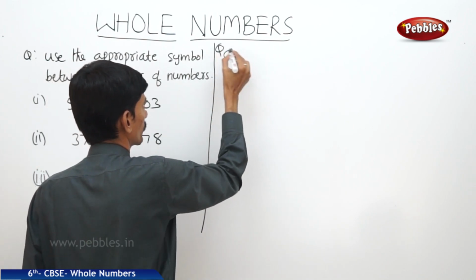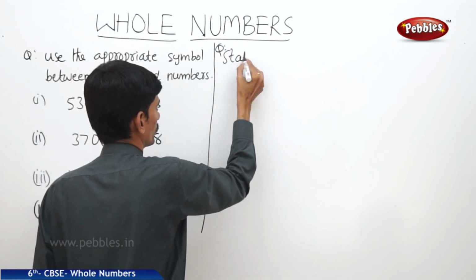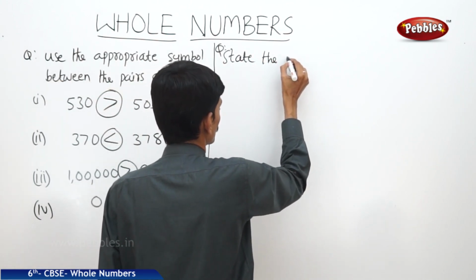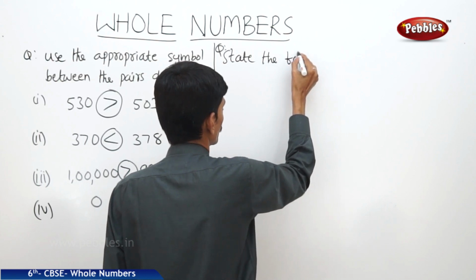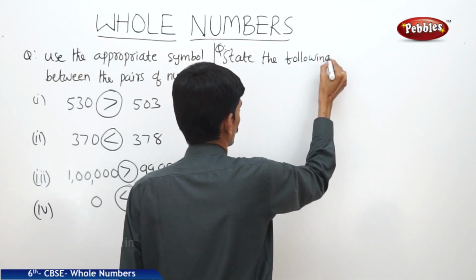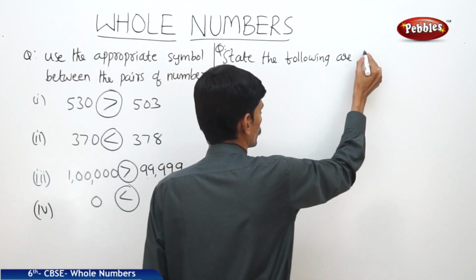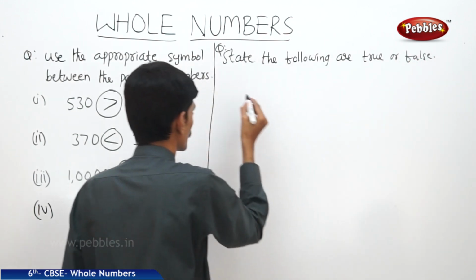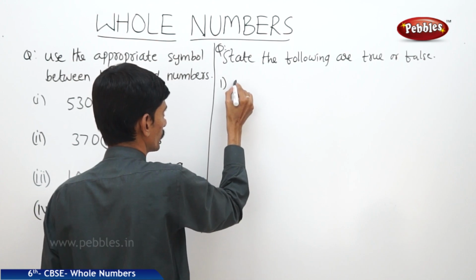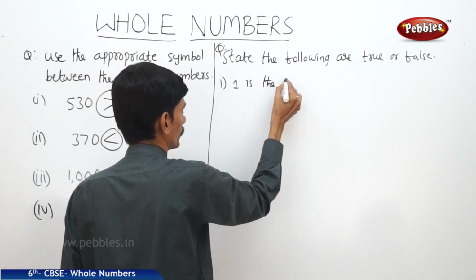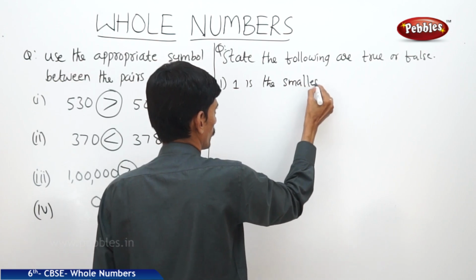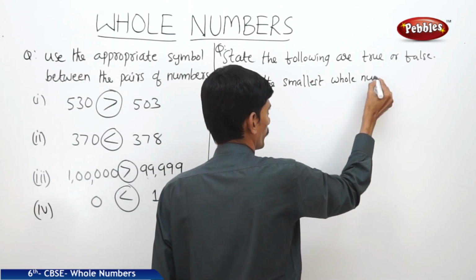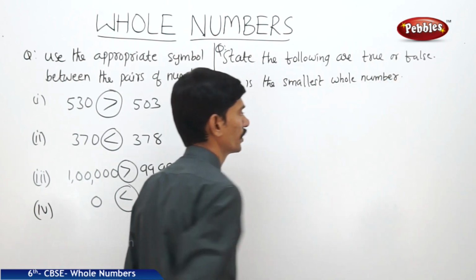Now the next question: state whether the following statements are true or false. The first statement is: 1 is the smallest whole number.